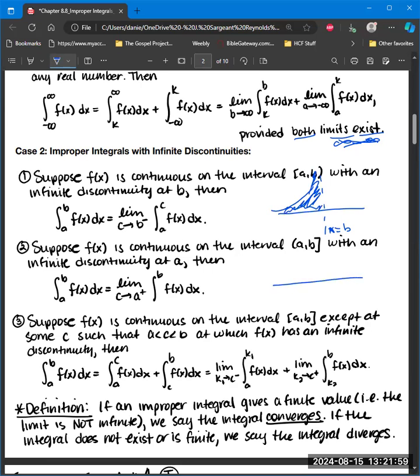Here we have x equals a, and we're interested maybe in this area here. Again, number 2: open on the left-hand side because we have this vertical asymptote, closed on the right-hand side at x equals b. There's x equals a.